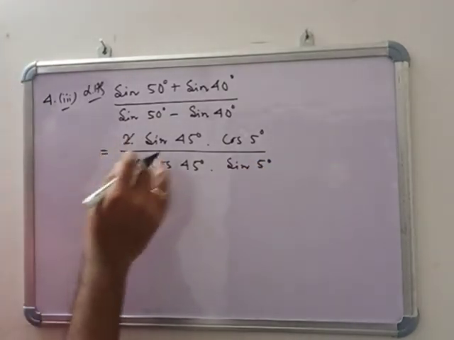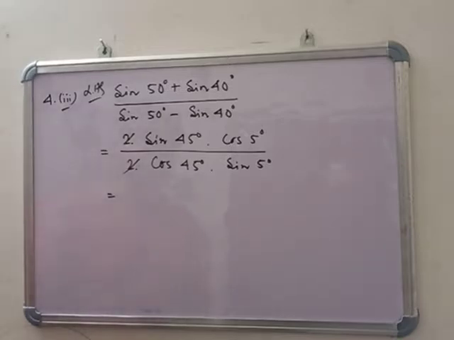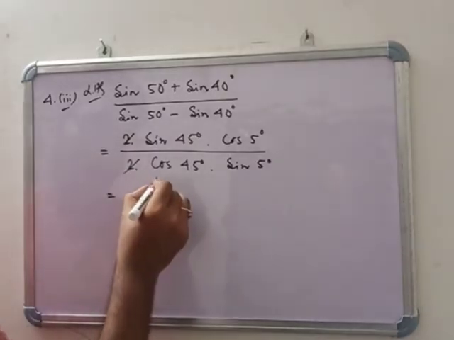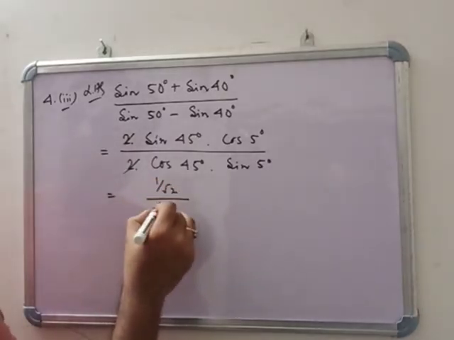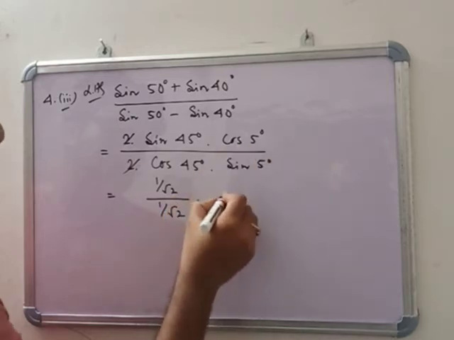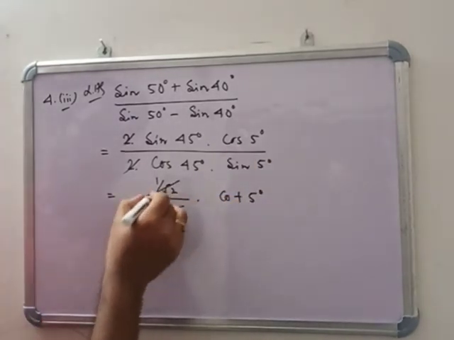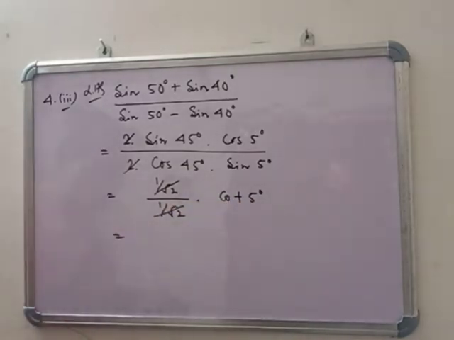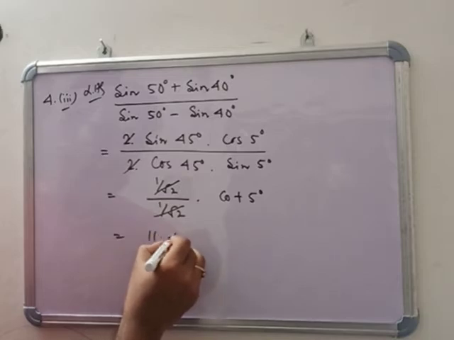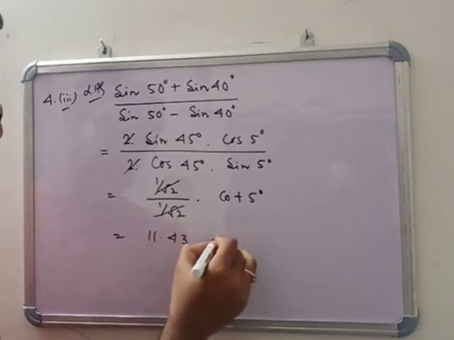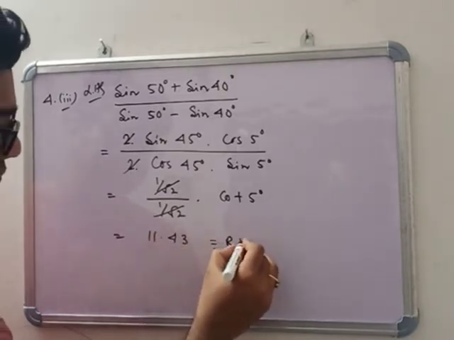So 2 cancel, as we know that sine 45 value is 1 by root 2 and cos 45 value is 1 by root 2. So if we put the value over there, 1 by root 2 by 1 by root 2 into cot 5 degree. So cot 5 degree value we are seeing from the tables, that is 11.43 approximately, which is the given value in the right hand side. Okay.